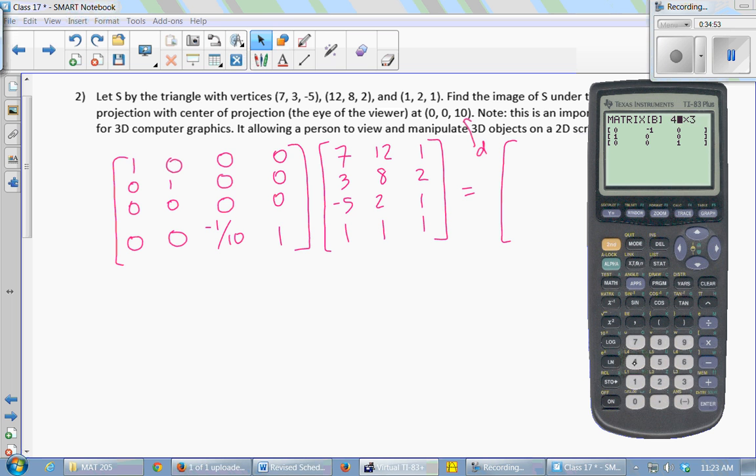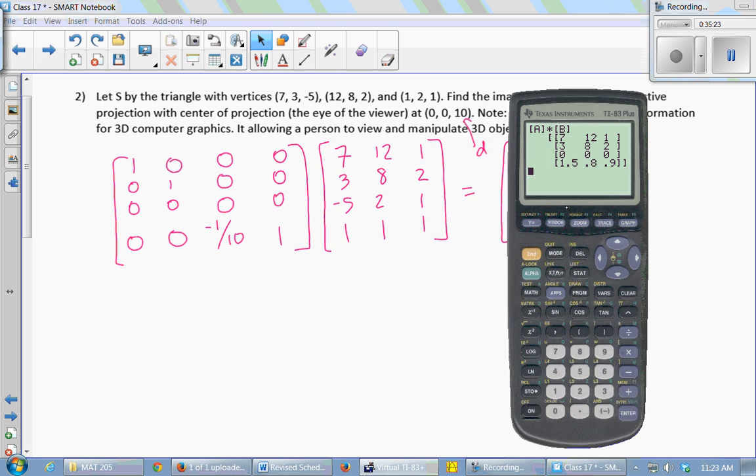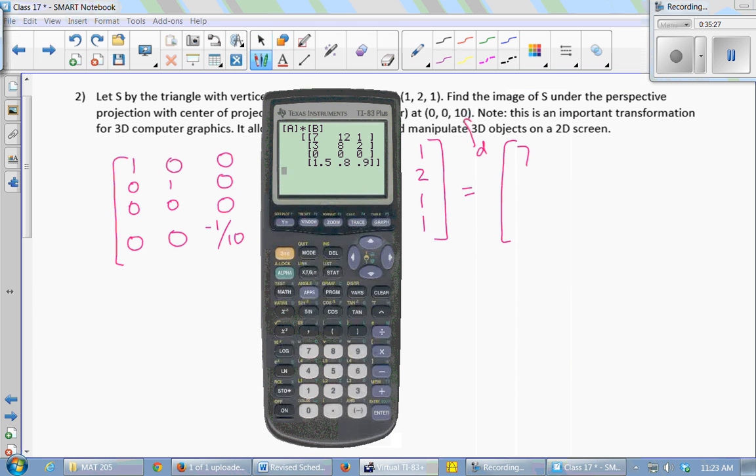This is 4 by 3: 7, 12, 1; 3, 8, 2; negative 5, 2, 1; and 1, 1, 1. Matrix A times matrix B. Here's my result: 7, 3, 0, 1.5; 12, 8, 0, 0.8; and 1, 2, 0, 0.9.